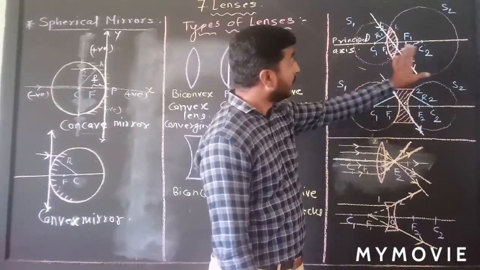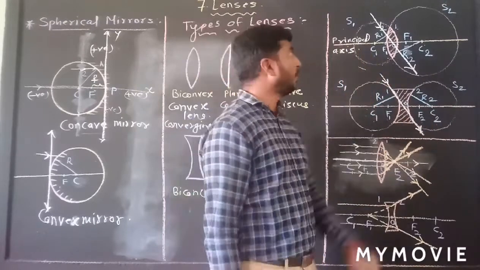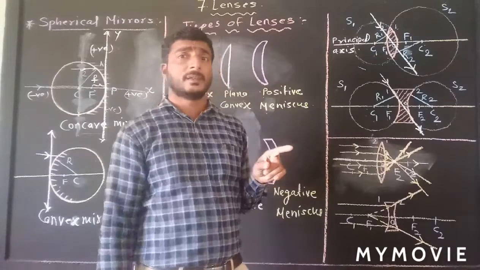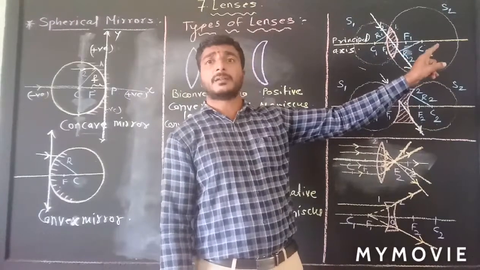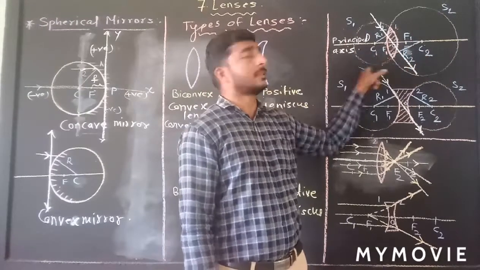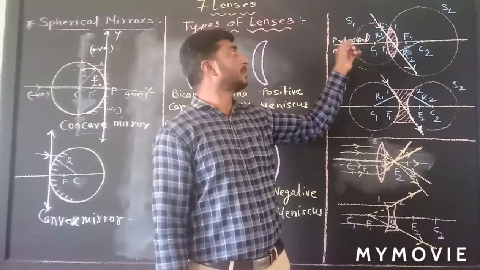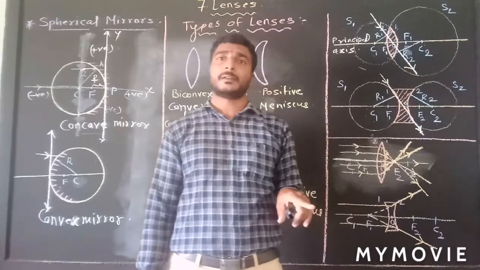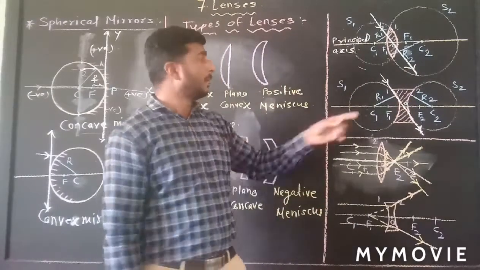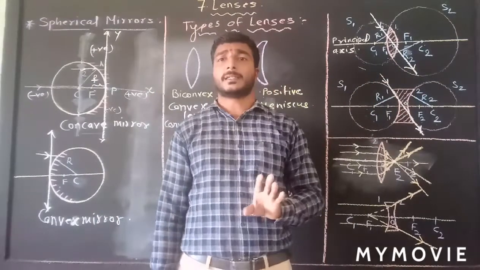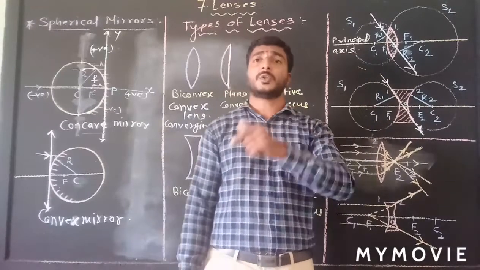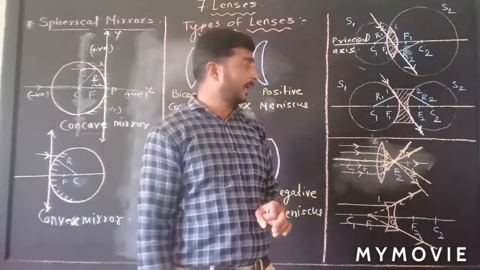So in this way there are some related terms. What are the terms? First, the center of curvature of a lens, which is the center of the sphere of which the surface of that lens is a part. The radius of curvature is the radius of the sphere of which the surface of the lens is a part. Then the optical center is the center of the lens through which there is no deviation in the ray of light.